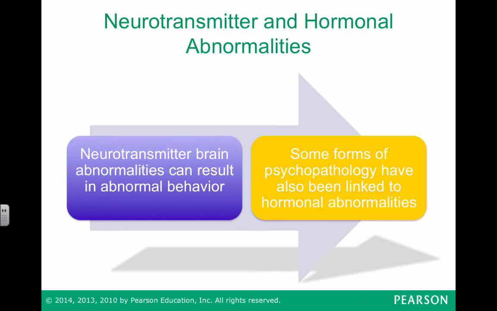Many of these can be kept under control with the use of pharmaceutical drugs. Some forms of psychopathology have also been linked to abnormal hormonal abnormalities. This would take a doctor or psychiatrist to do the testing to determine if this is the case.